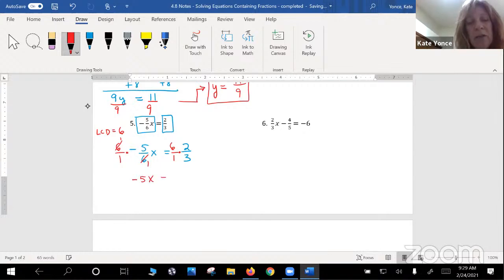Okay, and what are we going to do on the right side? The same thing. Okay, meaning what? Multiply it by 1. Well, no, we haven't done our cross canceling yet. And not all our cross canceling is going to give us a 1 up here. It's going to give us a 1 down here because we picked an LCD. We picked a number that all of our denominators will go into. So we'll always get a 1 down here, but we won't always get a 1 up here.